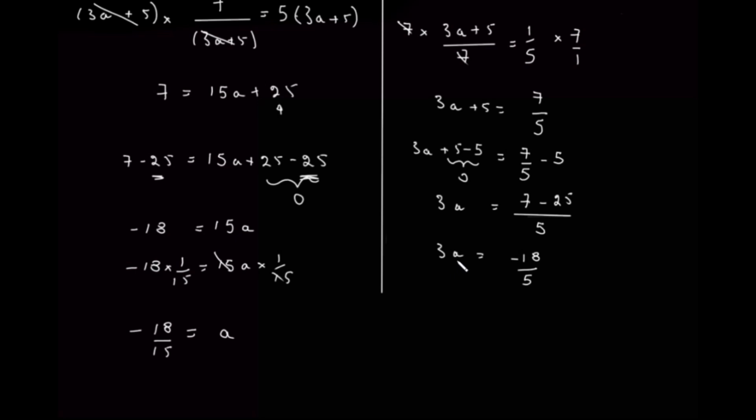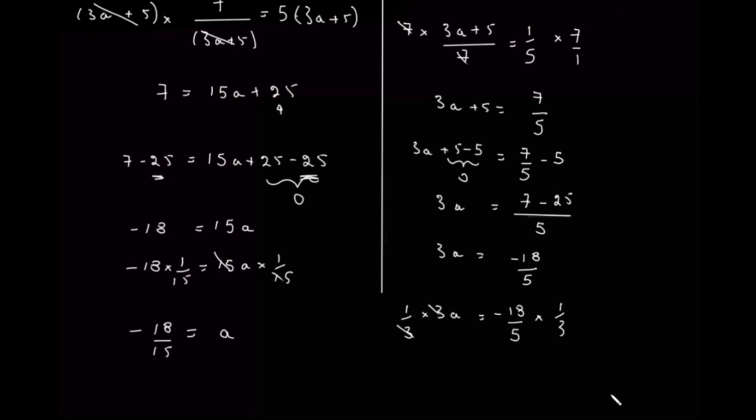We now want to get A on its own, so we need to get rid of the 3. There's a multiply there, although it's not written. So we have to change the 3 into 1, multiply both sides by 1 over 3. See, both sides multiplied by 1 over 3.